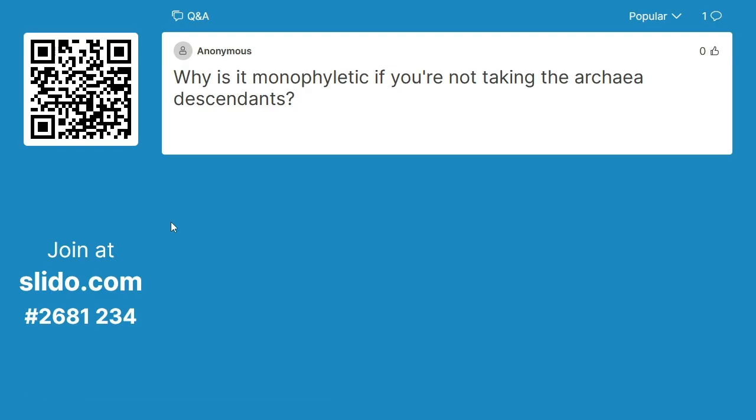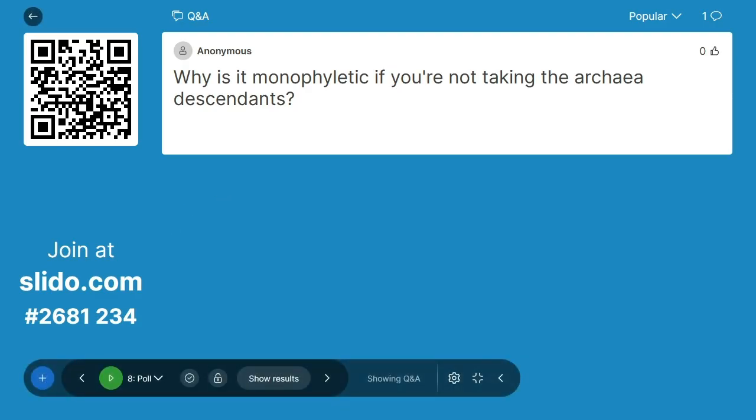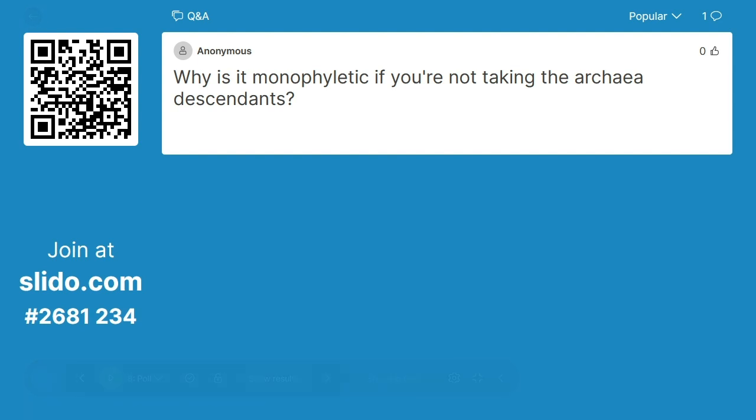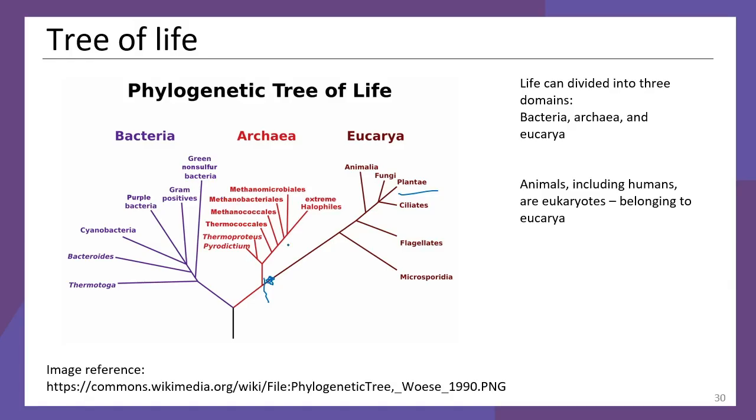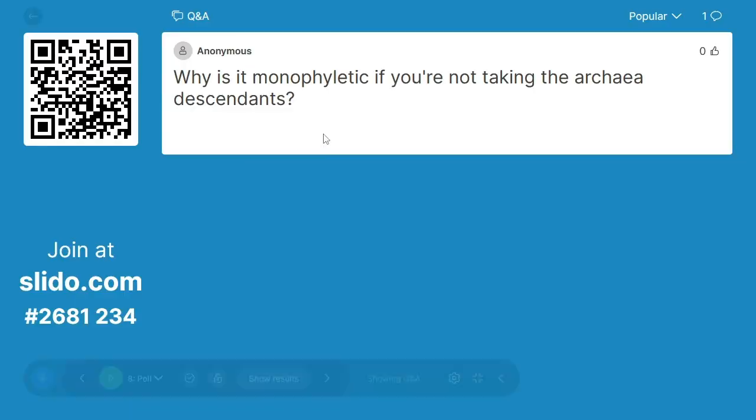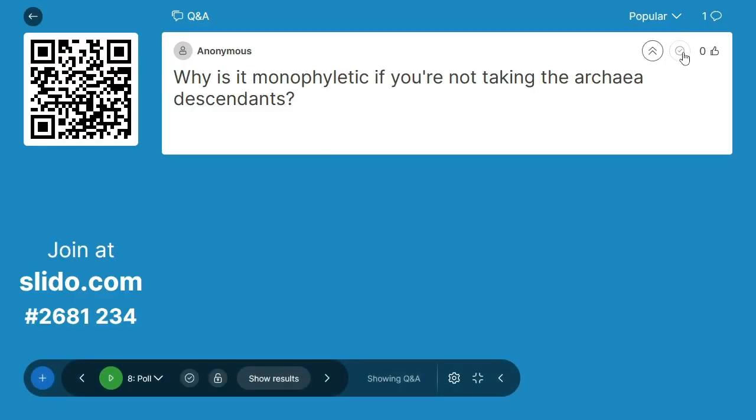I can see we've got a question here. Why is it monophyletic if we're not taking all the archaea descendants? We are. The fact that in the diagram we can see them all in the same colour means we're taking all the animals, all the plants, all the fungi, everything, and that makes it monophyletic. If that doesn't fully answer it, please feel free to ask again.